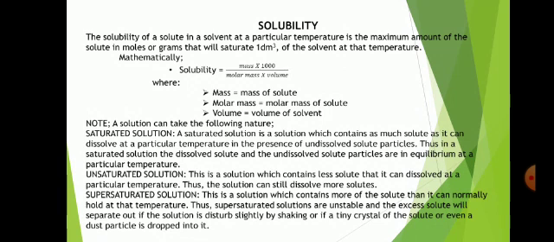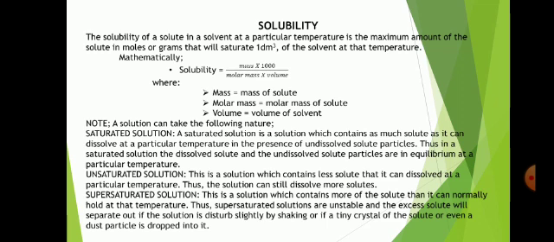So therefore, there is a thermal equilibrium between the dissolved solute and the undissolved solute, which means that the rate of dissolution of the solute is equal to the rate of precipitation of the solute for a saturated solution at a given temperature.